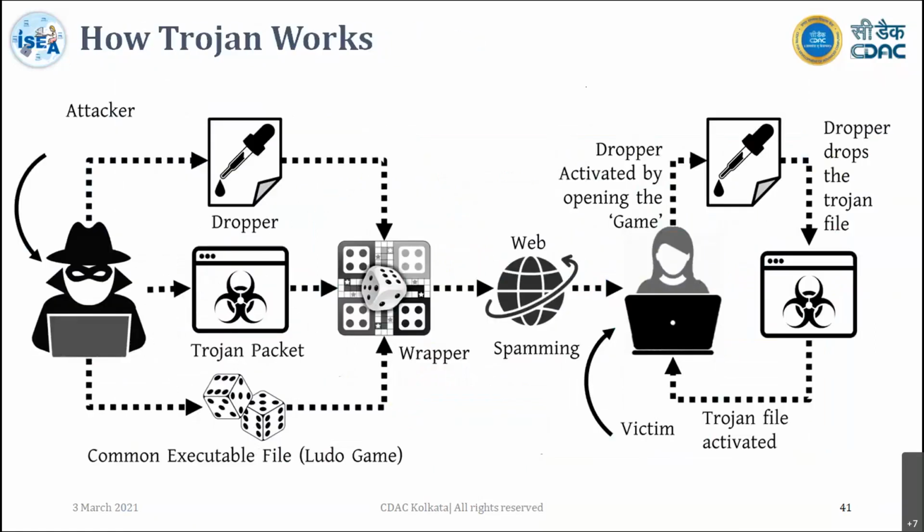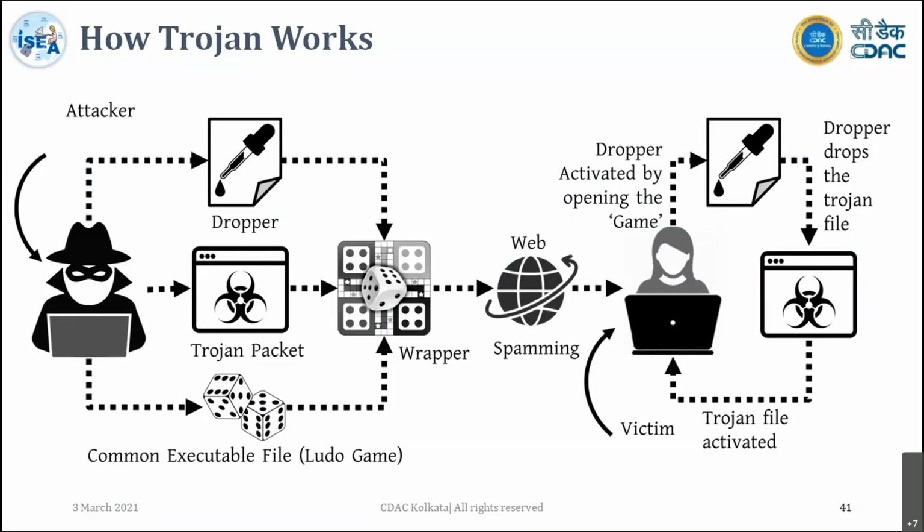Now, how does a Trojan work? That's the life cycle, you can say. The attacker has fundamentally three components. Number one is a dropper. Then there's a Trojan packet, the actual exploit, the bomb itself, and then a common executable file. That's the wrapper of it, the cover of that bomb.